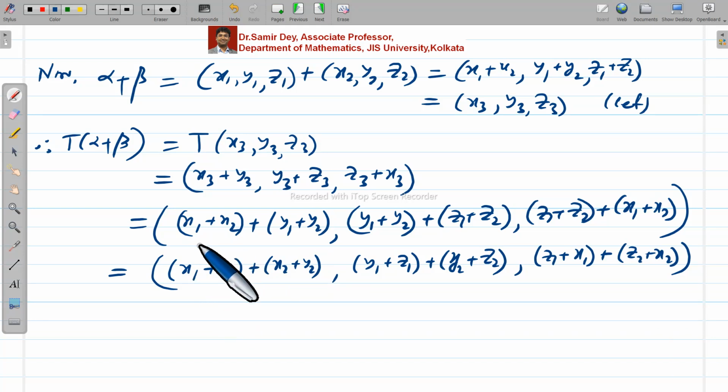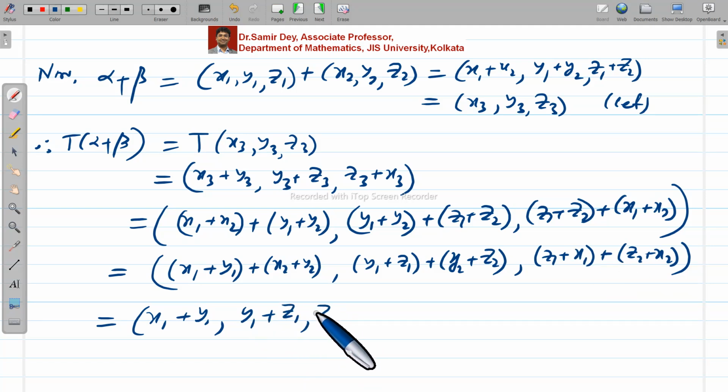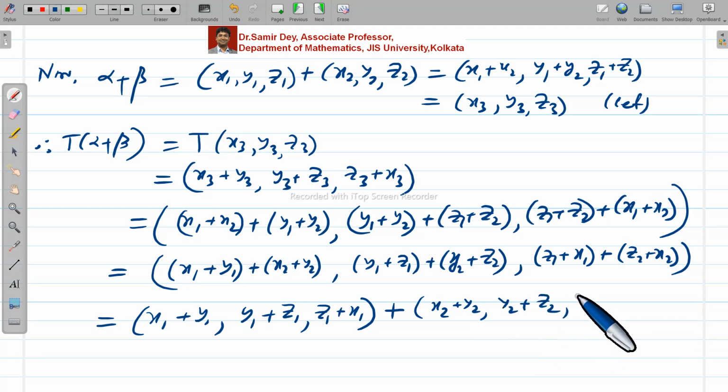That is x1, y1, that is one component, just you take as a separate form. Okay, now you can see, so first component, first component, first component. So from here we may write (x1 plus y1, y1 plus z1, z1 plus x1) plus (x2 plus y2, y2 plus z2, z2 plus x2).